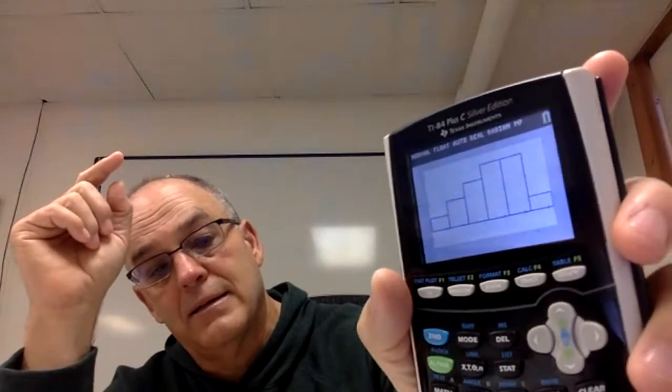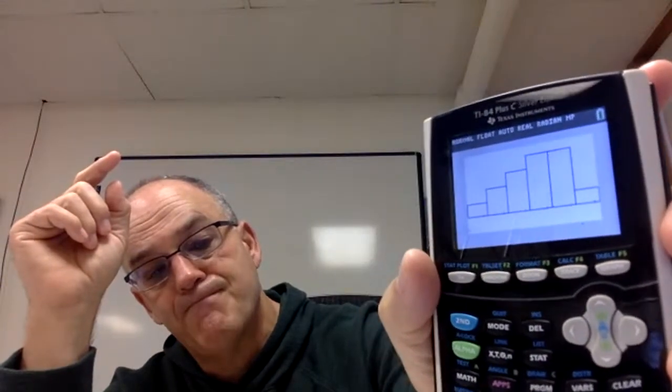And under X list, you want whatever list you're talking about. So if you're in the first list, it would be second 1, which is L1. And then the magic key, zoom 9, and you get something like that. Okay.